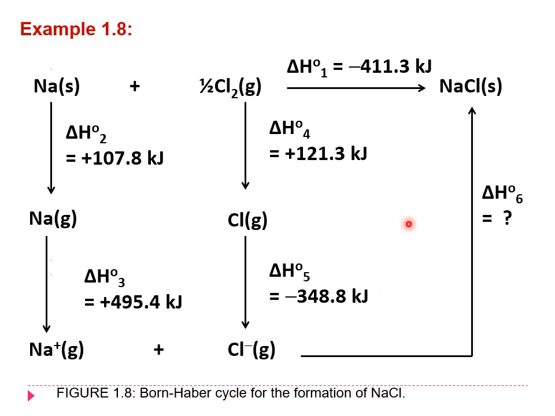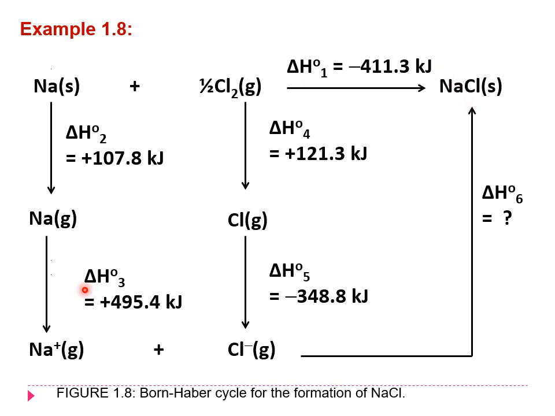Now, this cycle must be completed with arrows. The first arrow is going to the right here, and then the arrow going down for the first column, arrow going down for the second column, and then sodium ion gas and chlorine ion gas will go up to form sodium chloride again.